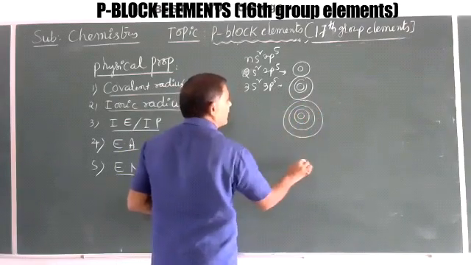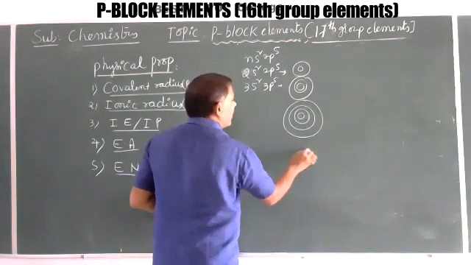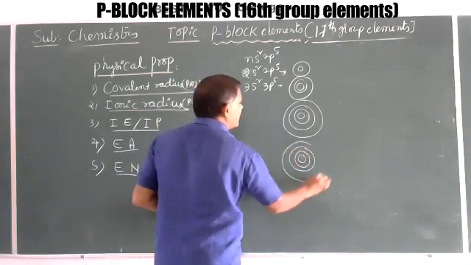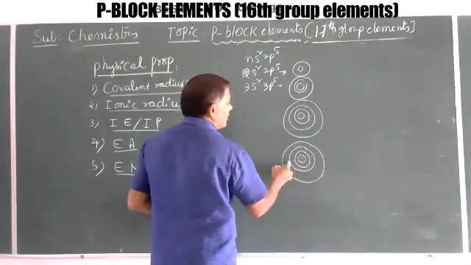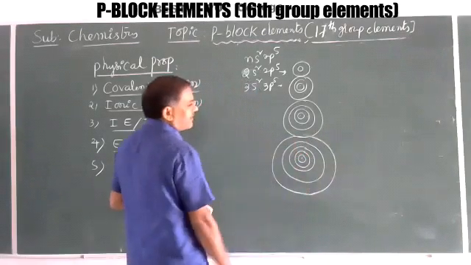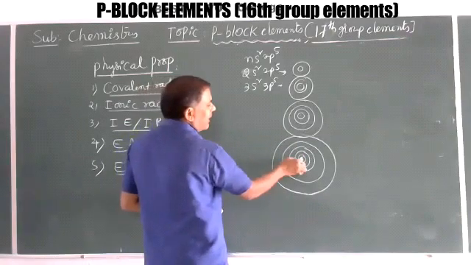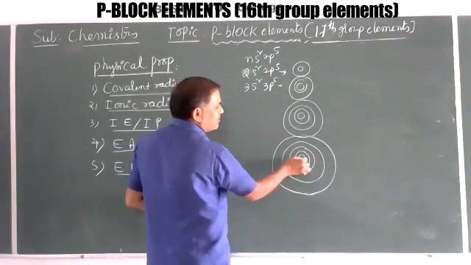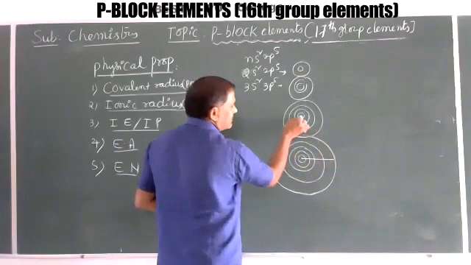From top to bottom, what happens? The number of energy levels increases: 1, 2, 3, 4, 5. Atomic number increases, energy levels increase, and the distance between the nucleus and the outermost orbit increases.